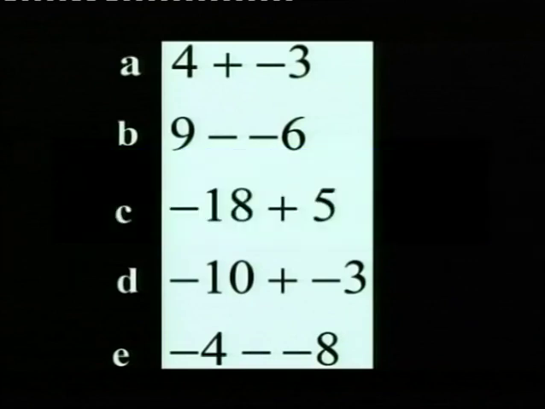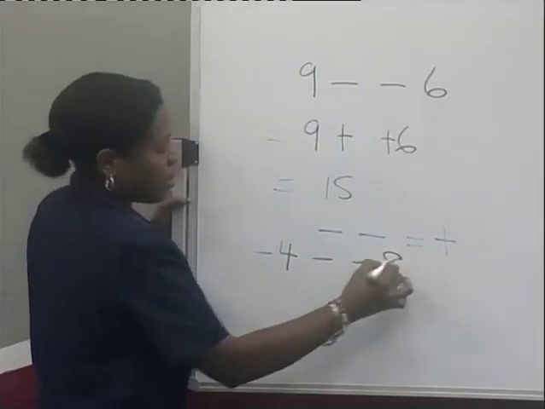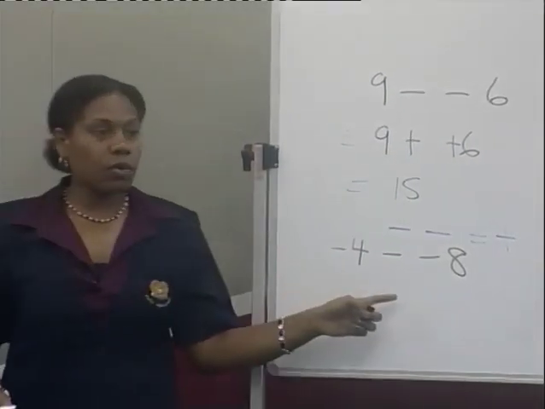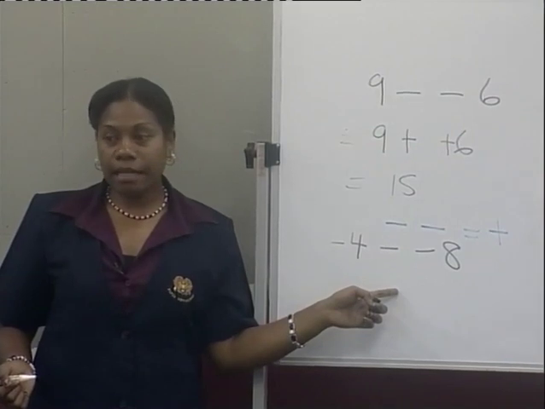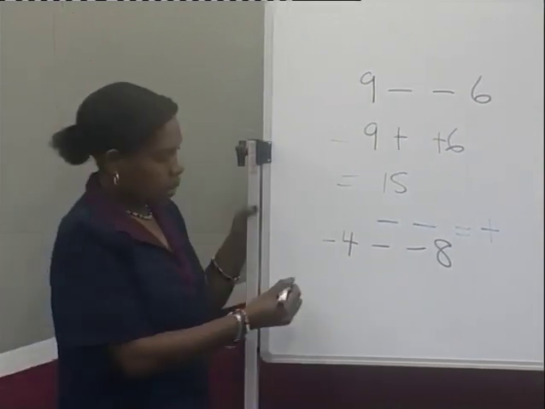Next one, negative 4 take away negative 8. Negative 4 take away negative 8, receiving students, 8s? Okay, you are subtracting a negative number. What do you do?